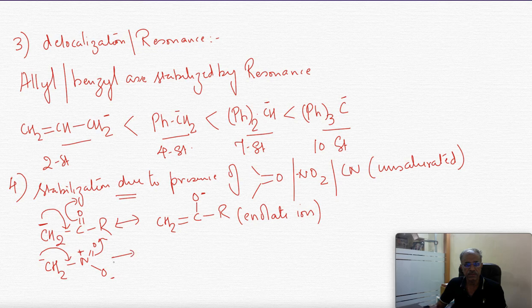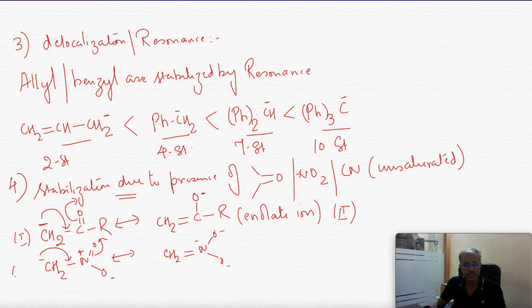So this will be CH2 double bond N, single bond O minus, single bond O minus. So this is structure 1 and this is structure 2.